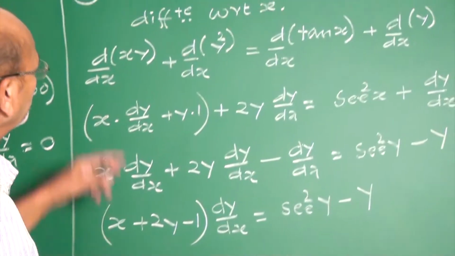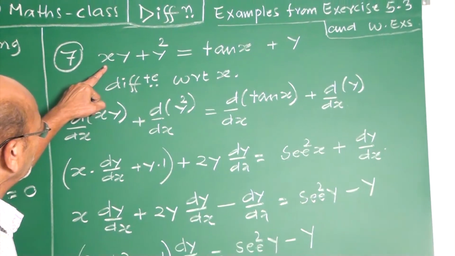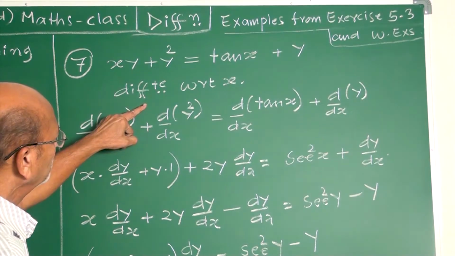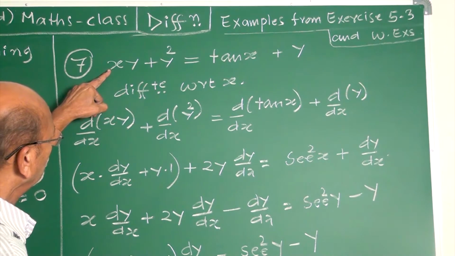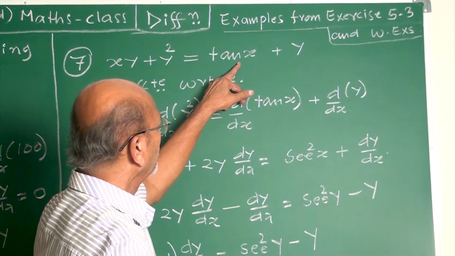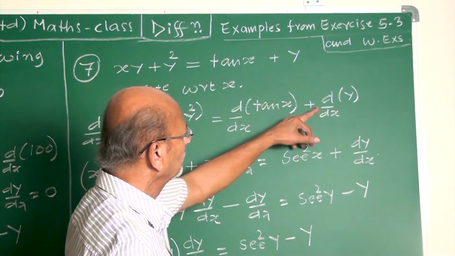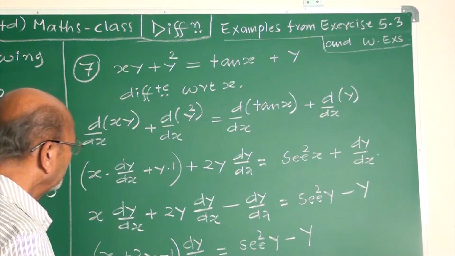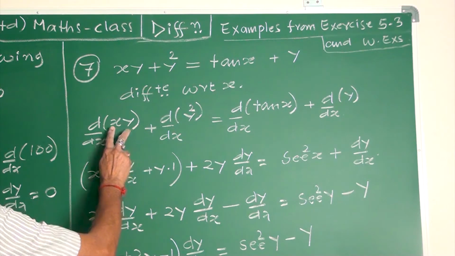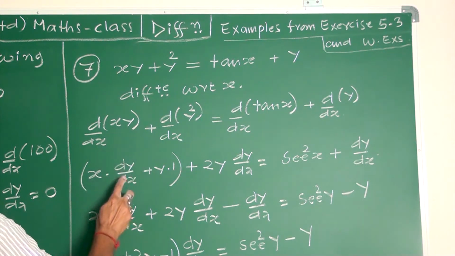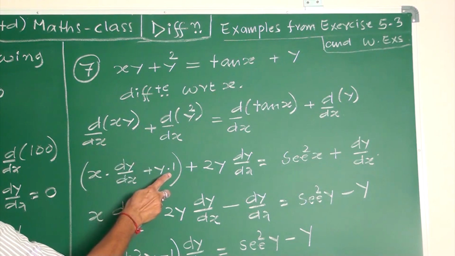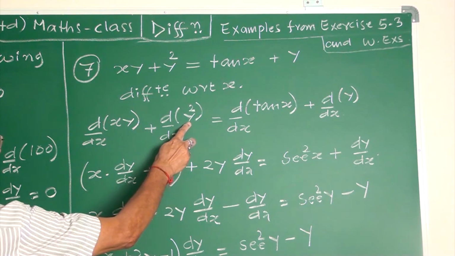Similarly, the same type; here also it contains x. xy plus y square equal to tan x plus y. Differentiate with respect to x. Derivative of first plus derivative of second equal to derivative of RHS, third plus derivative of fourth. Write their derivatives. Again it is a product formula uv, xy: x into derivative of y, dy by dx, plus y into derivative of x with respect to x, which is 1, plus y square.